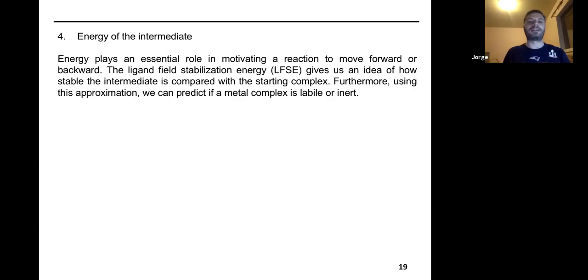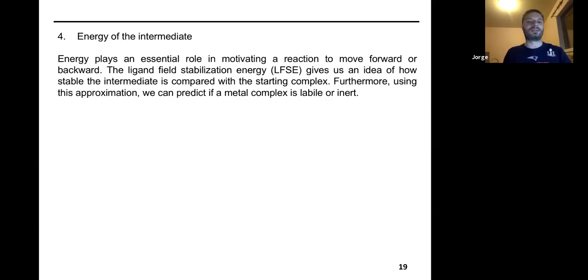Energy plays an essential role in motivating a reaction to move forward or backward. The ligand field stabilization energy gives us an idea of how stable the intermediate is compared with the starting complex.